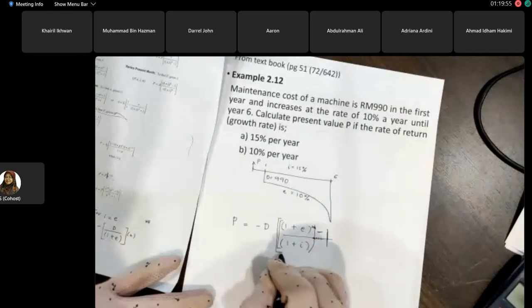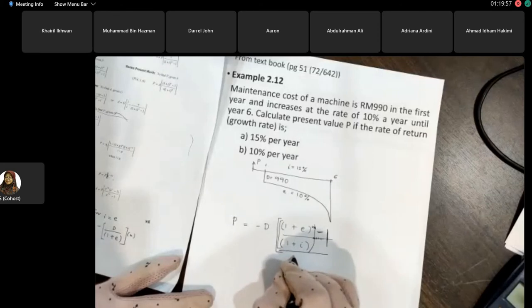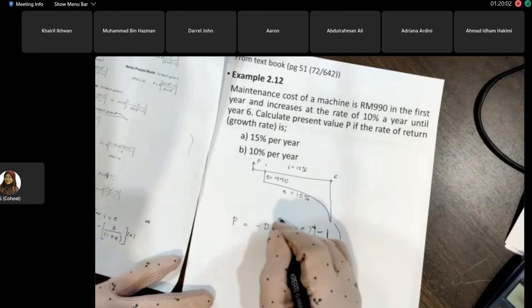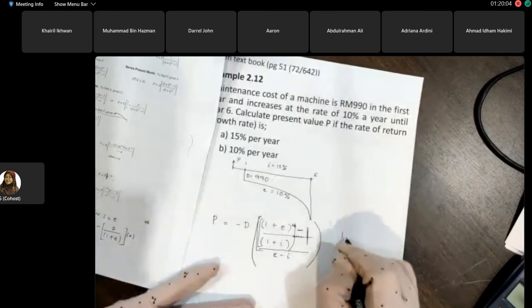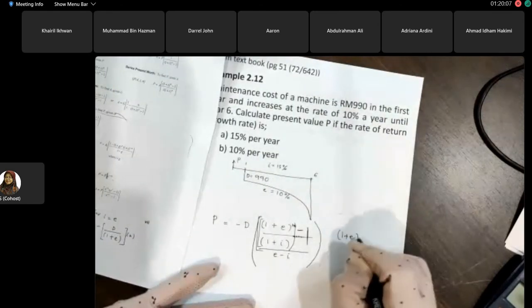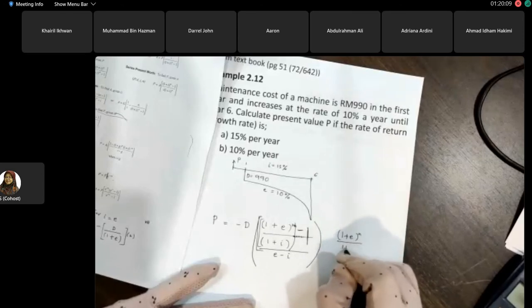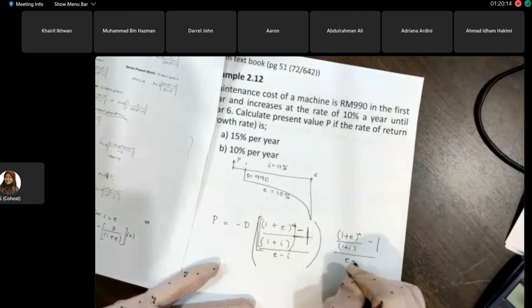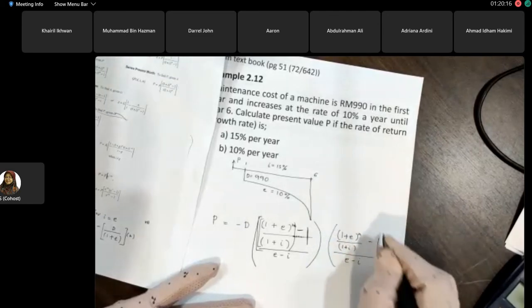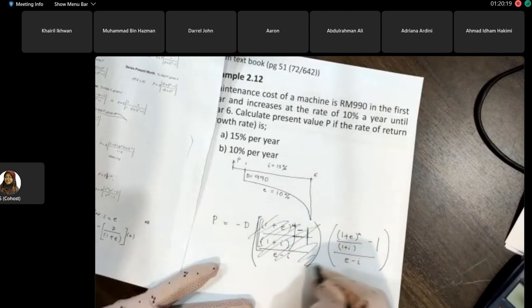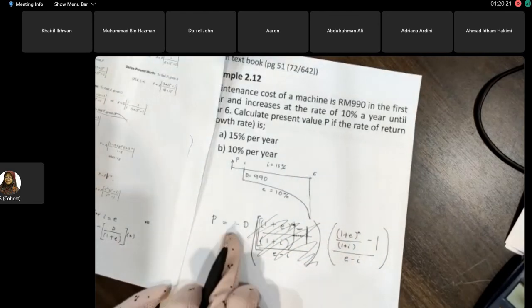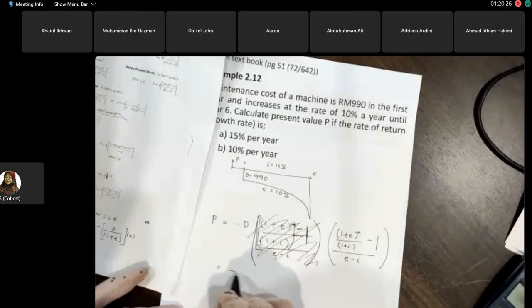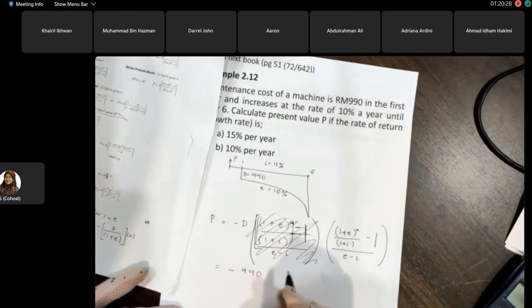Okay, then over, minus I. Okay, 1 plus E, 1 plus I, minus 1. Okay, salah. So negative T kat sini, and this formula. So you will get 990.